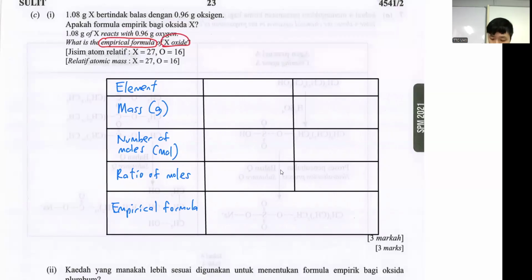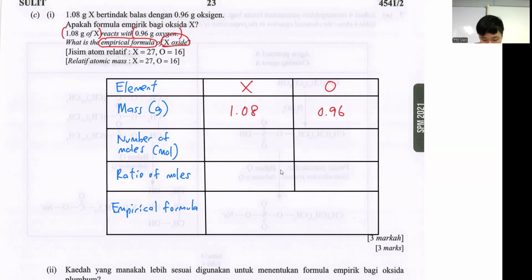Then we can do that. X oxide, so XO. X is 1.08 gram, as you can see. O is 0.96.